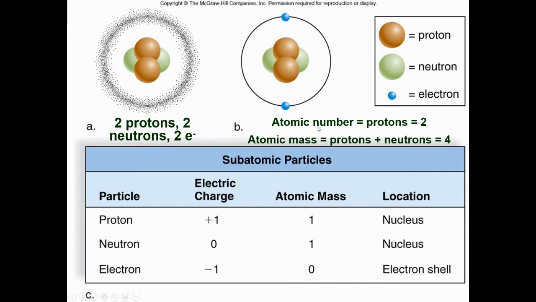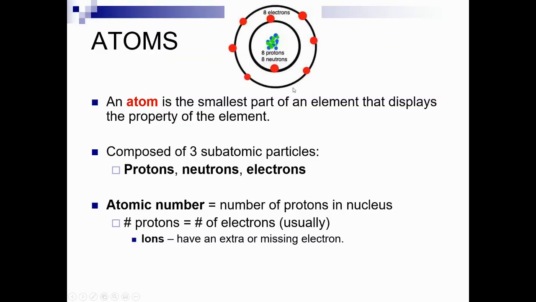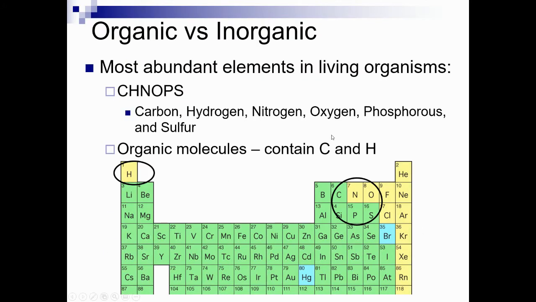And that's what designates what atom I'm talking about in the periodic table. My atomic mass is the number of protons plus the number of neutrons. So here my atomic mass is 4. If I scoot back to my table and I look at these numbers up in the corner, these are my atomic numbers. So I look, what has an atomic number of 2? Helium.